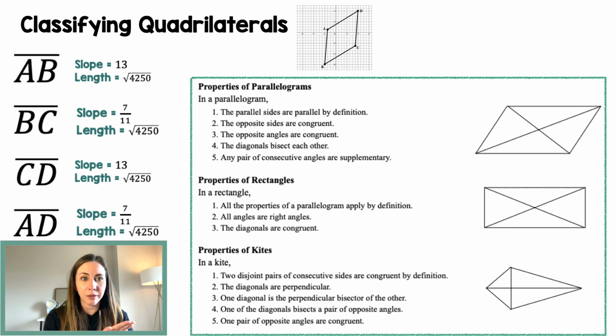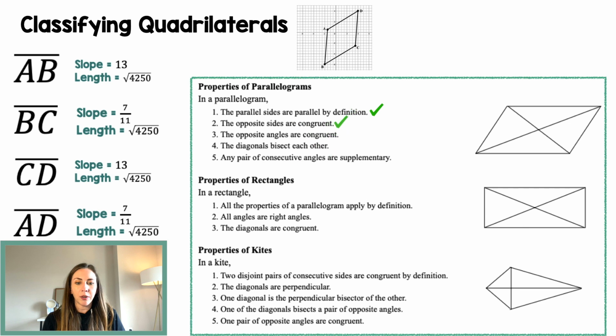I mean, that's what the document said, but yes, the opposite sides are parallel. So our opposite sides are BC and AD. They have a slope of 7/11, and the opposite sides AB and CD have a slope of 13. So it is true that we have parallel sides in our parallelogram. Also, the opposite sides are supposed to be congruent.